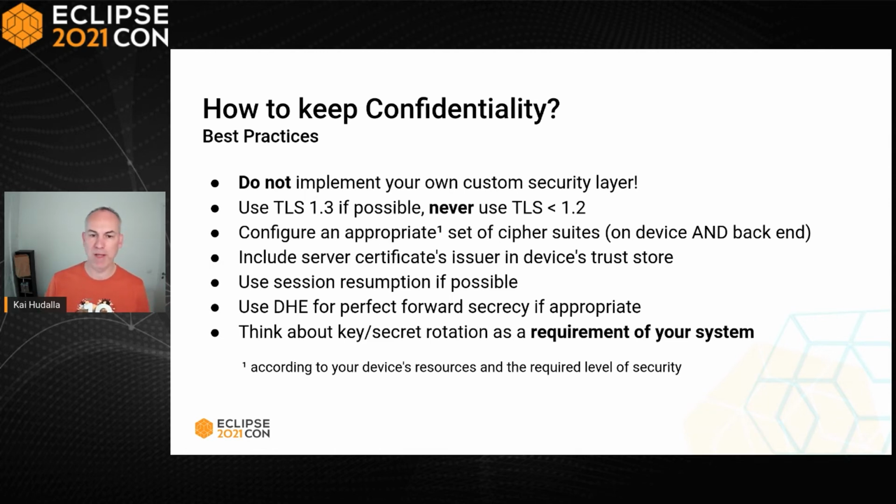But if the client already has the issuer certificate and can tell the server about it, which it does in a TLS handshake, then it is sufficient to only receive the end certificate of the server, which reduces the data being exchanged again.